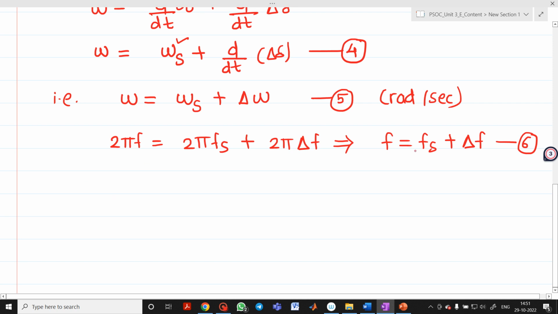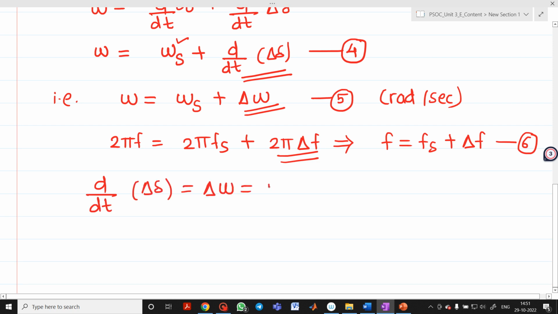Where, what is the value of Δf here? So let's see, I'll write it here. Please see this part. This, then this and this. We know that d/dt of δ will be equal to Δω will be equal to 2π into Δf. So therefore, from this expression, can I write like this?